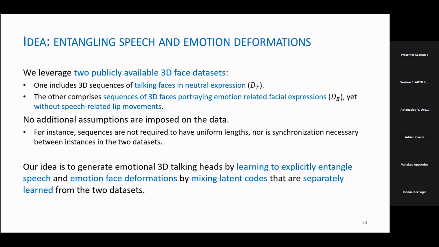So the idea is to entangle these two sources. From one side we have the 3D animation of the lips with speech but without emotion, and on the other side we have the emotional part. And so the idea is to take information from these two sources and in some way to entangle them together.